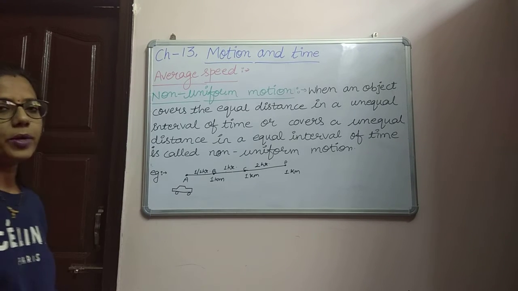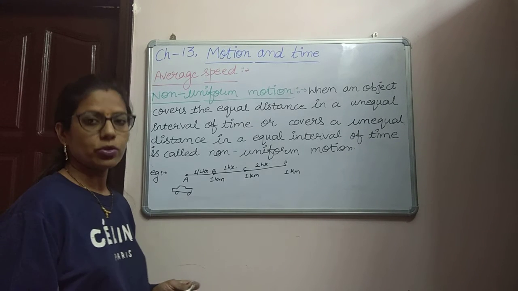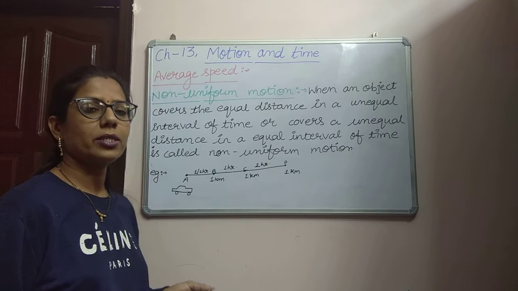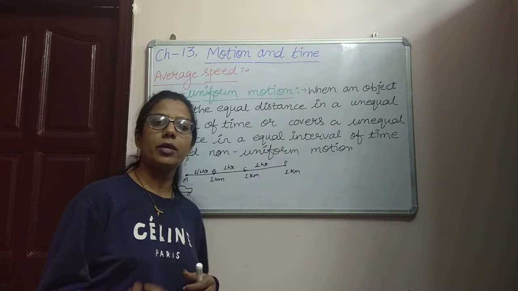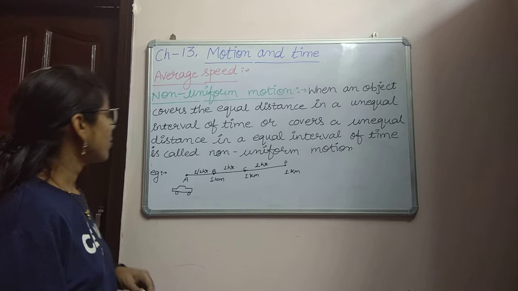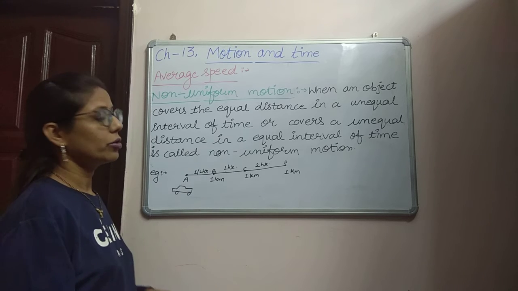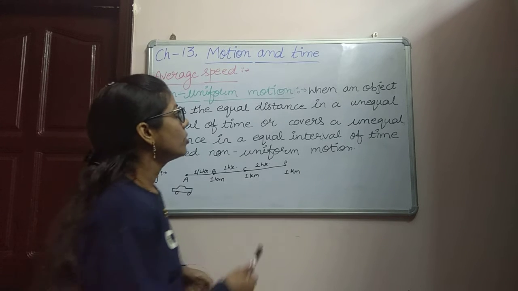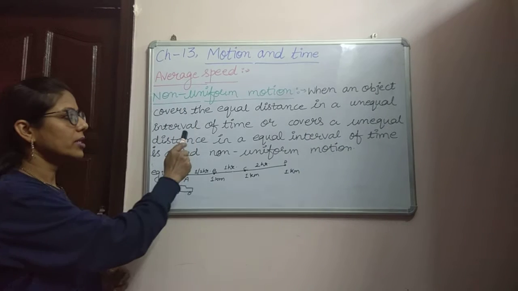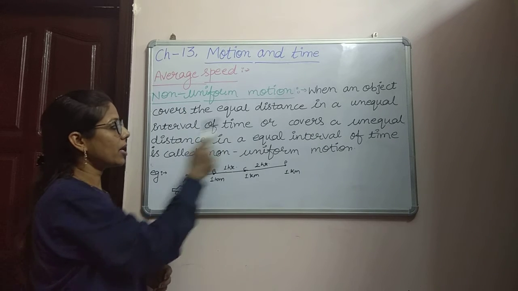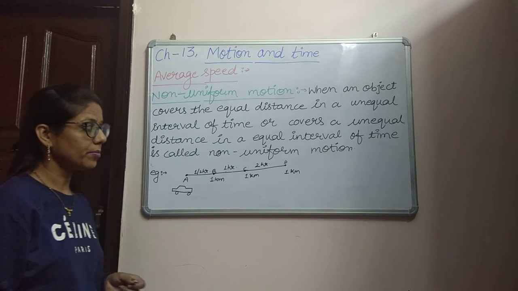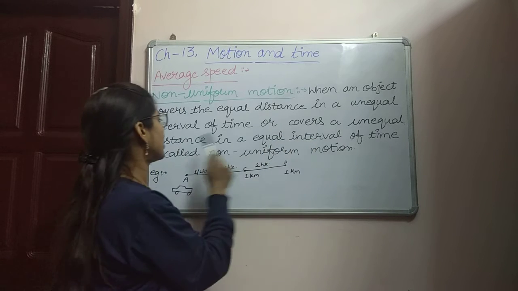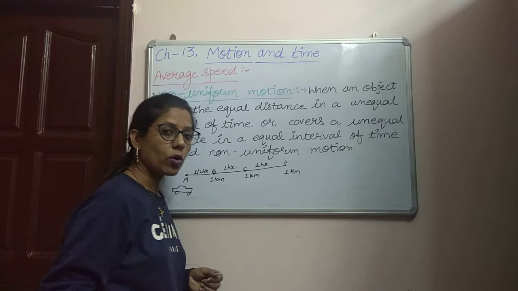Now our next topic is non-uniform motion. As we have discussed, uniform motion means equal distance is covered by an object in an equal interval of time. Now next is non-uniform motion. Non-uniform motion means it is not the same. So when an object covers equal distance in an unequal interval of time, or we can say when an object covers unequal distance in an equal interval of time.